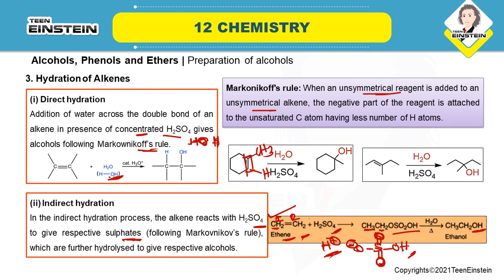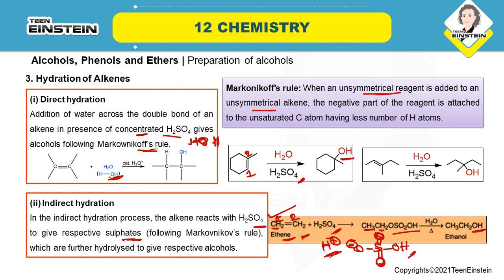So this is unsymmetrical. Now when we are adding water in presence of catalytic H2SO4, this is direct addition, but H2SO4 is also required because it is acting as a catalyst. Now if this is 1 carbon, this is 2 carbon, 1 carbon is containing 1 hydrogen, 2 carbon is containing 0 hydrogen. That means it is containing lesser number of hydrogen. So that is why the negative part is attached to this 2 carbon.